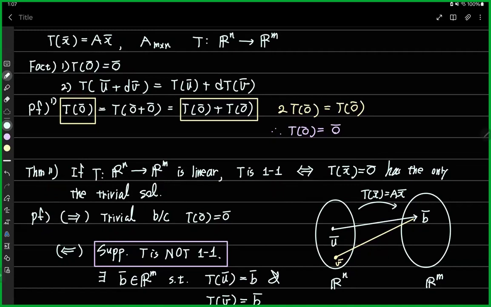Expressing this in matrix form, T of X bar equals 0 vector means A X bar equals 0 vector. This is homogeneous, right? So if T is 1-to-1, the homogeneous matrix system has only the trivial solution, and that solution must be 0 vector. That's what this theorem says.